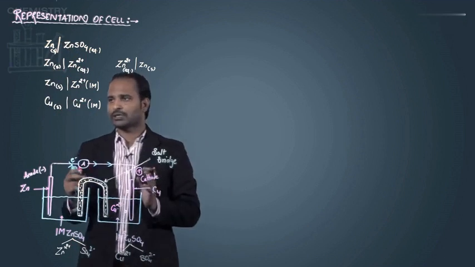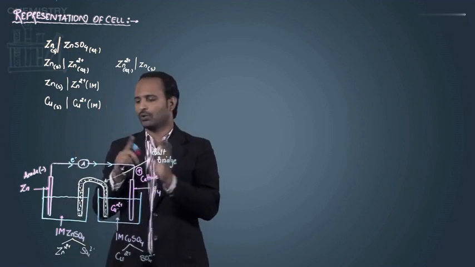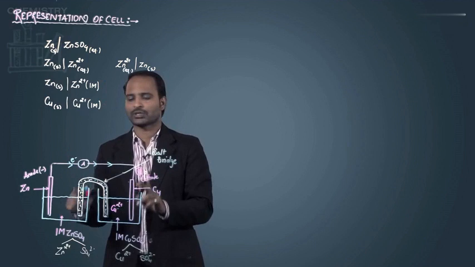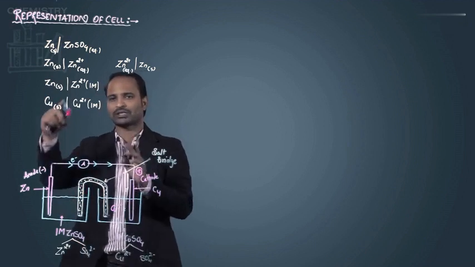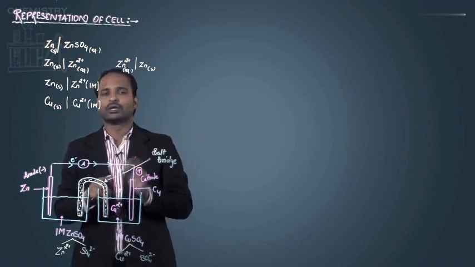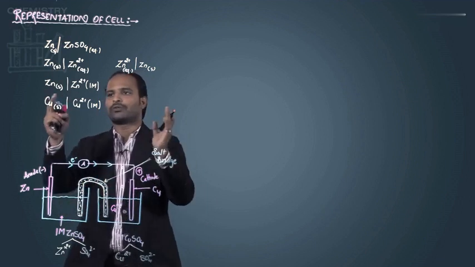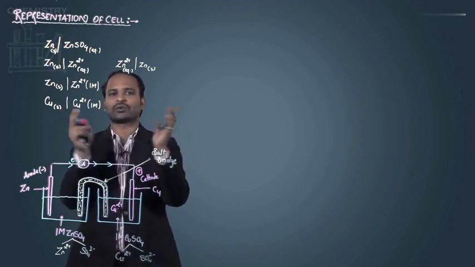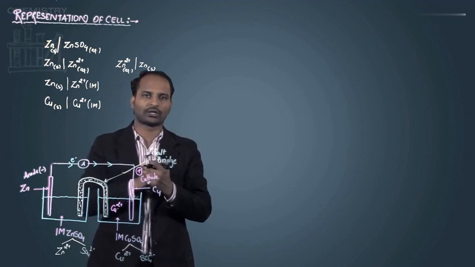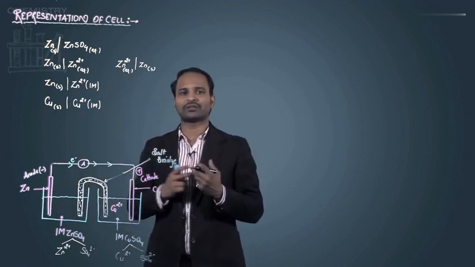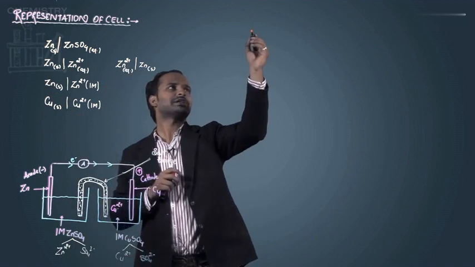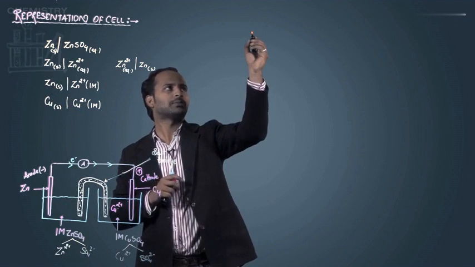Now I want to write the whole cell combination. Both the half cells are combined with the help of a salt bridge. The salt bridge is represented by the double vertical line.